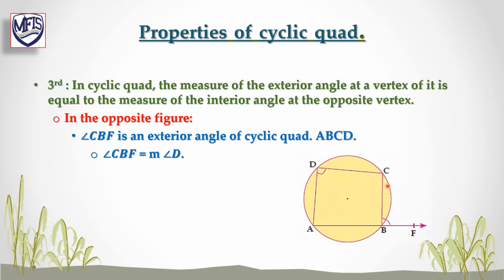Again, here ABCD is a cyclic quad and angle CBF is an exterior angle of this cyclic quad. So measure angle CBF equals measure angle D. Angle D is the interior angle of the cyclic quad opposite to the vertex of the exterior angle. So the measure of the exterior angle equals the measure of angle D.